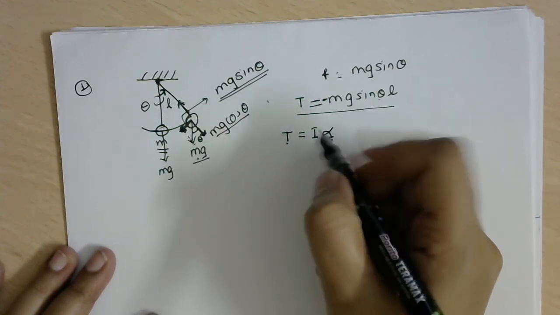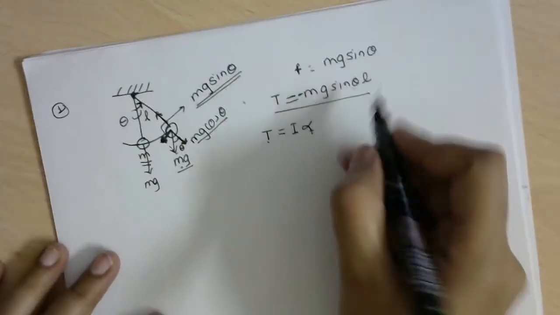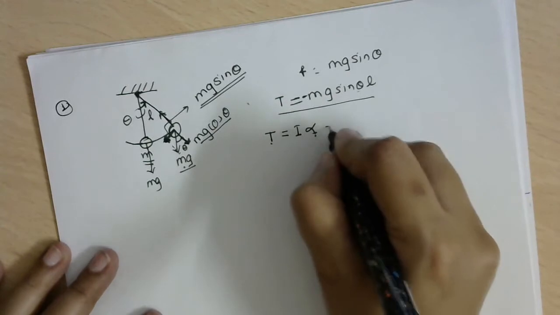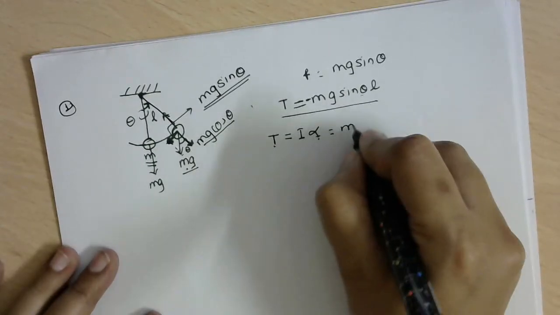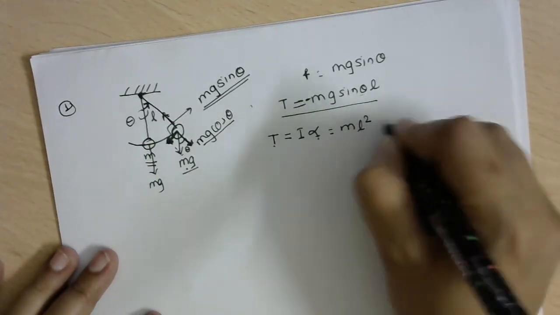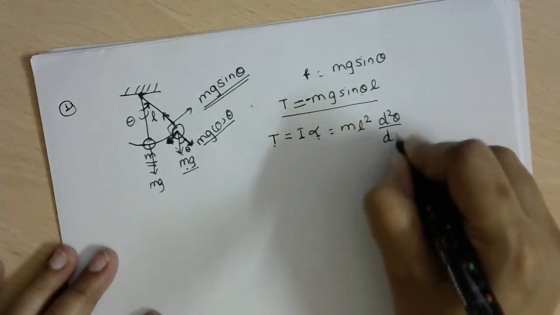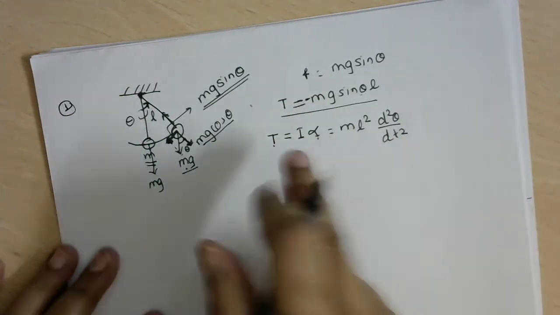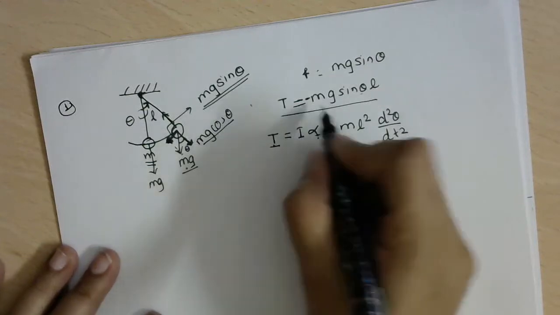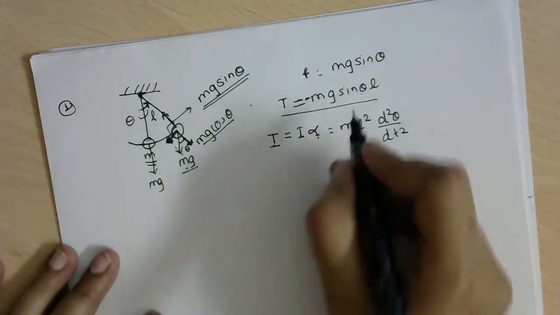This I will be equal to the moment of inertia, which has to be equal to m times L square, times this alpha, which is nothing but d square theta by dt square. And we know the expression of T, which is minus mgL sine theta.